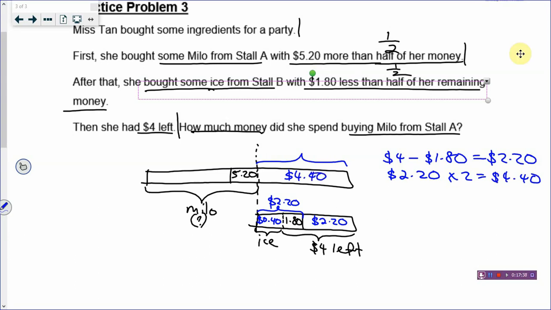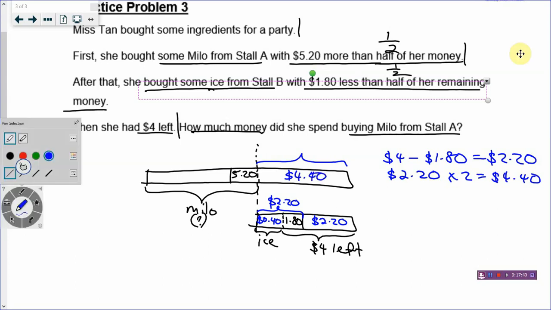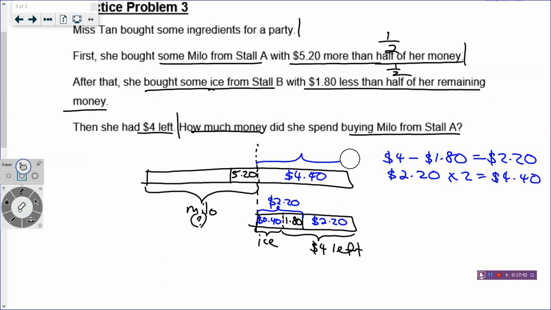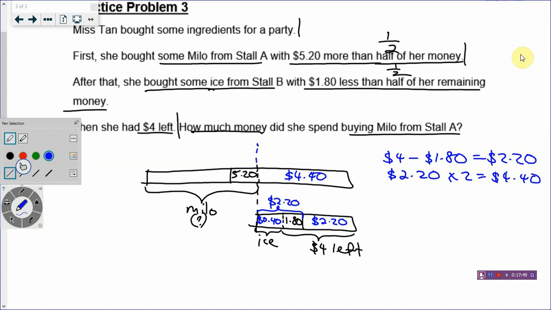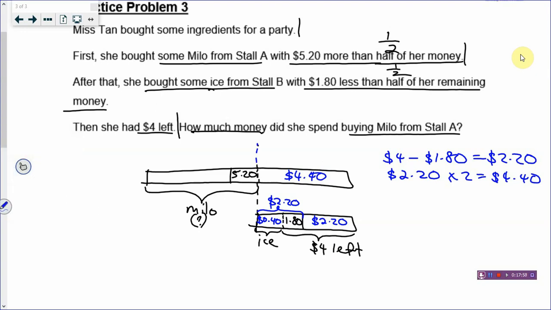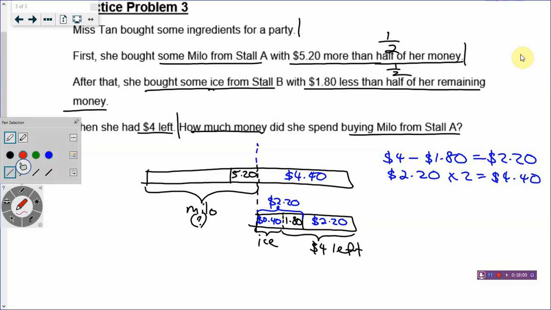If you look at the model, it now becomes more clear, right? So what do we do next? You study your model carefully, and you can see that on top there is a parts whole model that you drew at the beginning. There is a half. Where's the half? If you still remember, the half is over here.